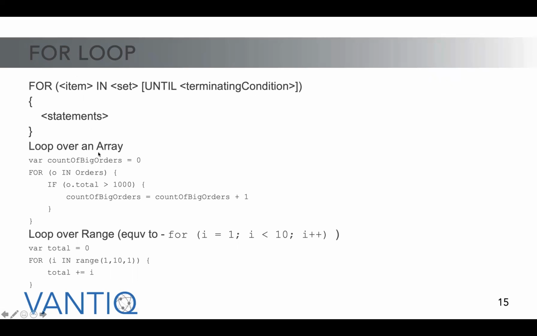So you can also loop over an array. So for o in orders, you're just going to be looping that. And you can put, in the next slide, there's a terminating condition. And you can also loop over a range. So it's the equivalent to for i equals 1, while i less than 10, you increment i, and then you just loop it and you're doing something.